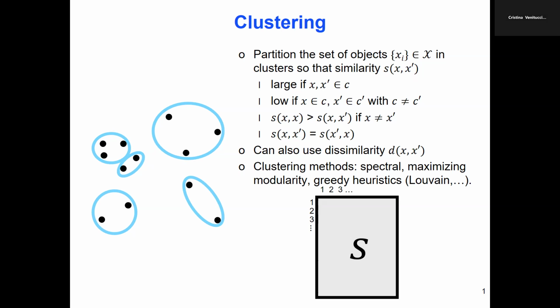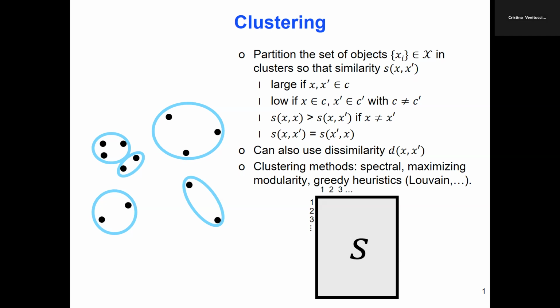Now, there are many well-established clustering methods. Typically the most popular are spectral clustering, or those using modularity or a greedy approach, such as Louvain, Leiden, Paris. They all bear the name of a city where the team that invented them is located.